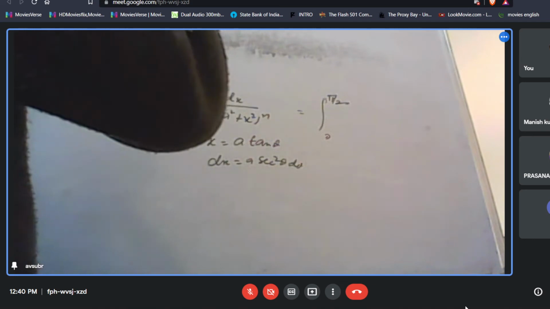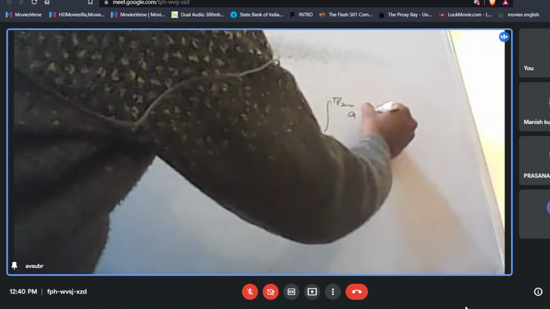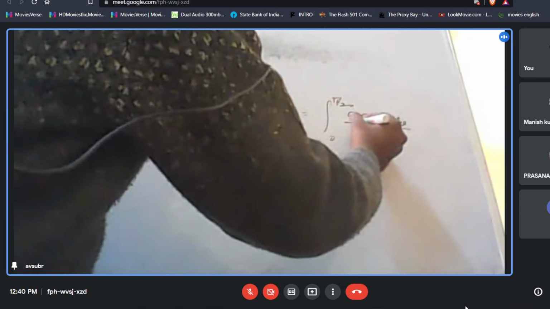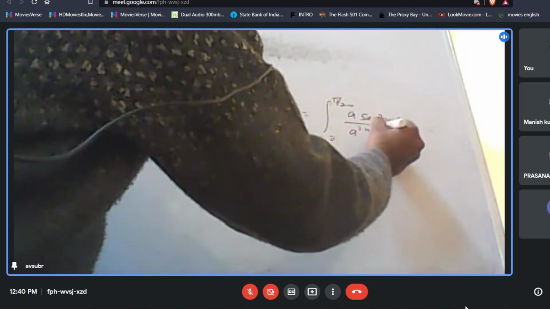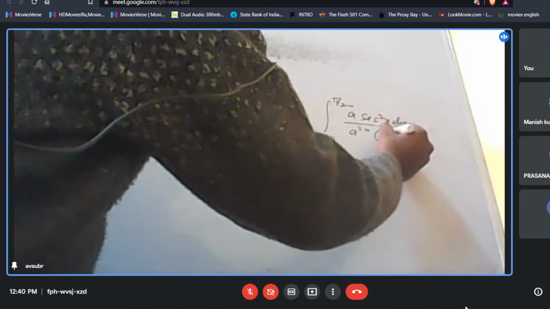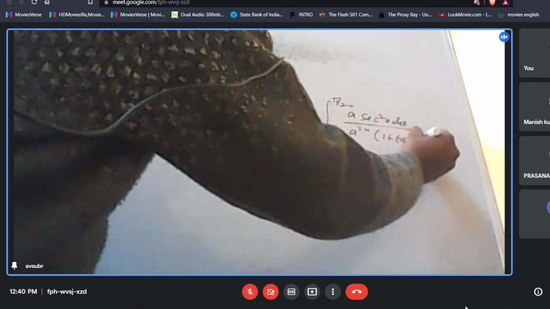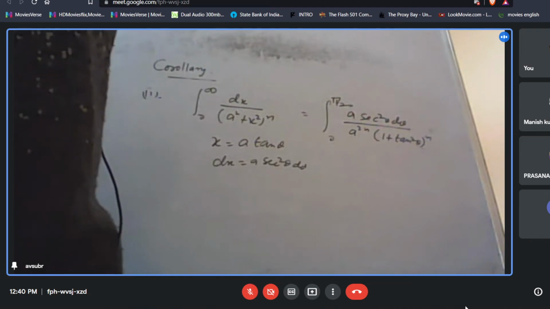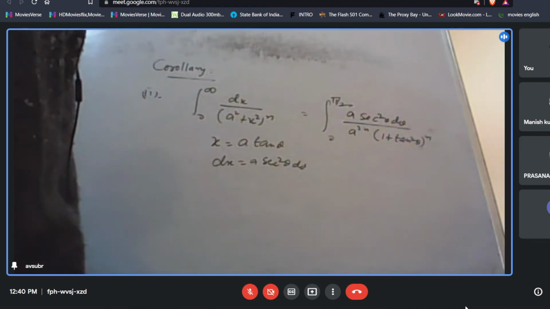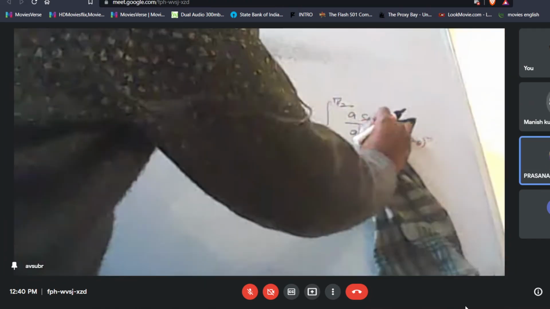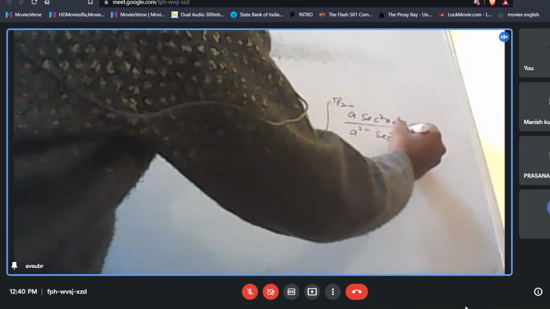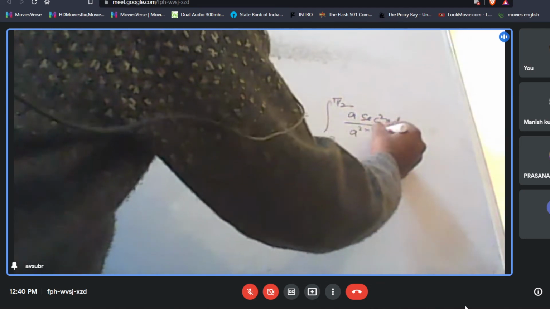So put it over here: a sec square theta d theta by a to the power 2n, 1 plus tan square theta to the power n. What does 1 plus tan square theta become? Sec square theta. So sec square theta to the power n.